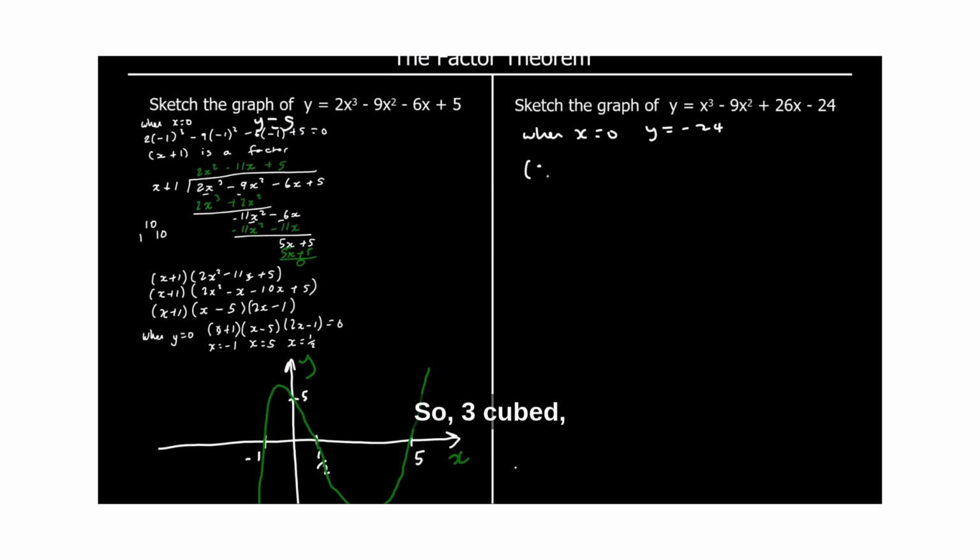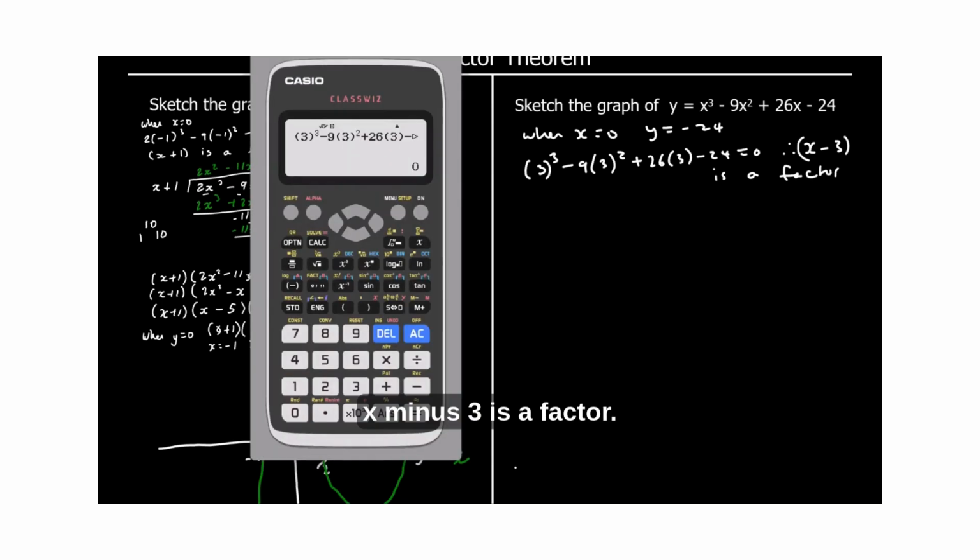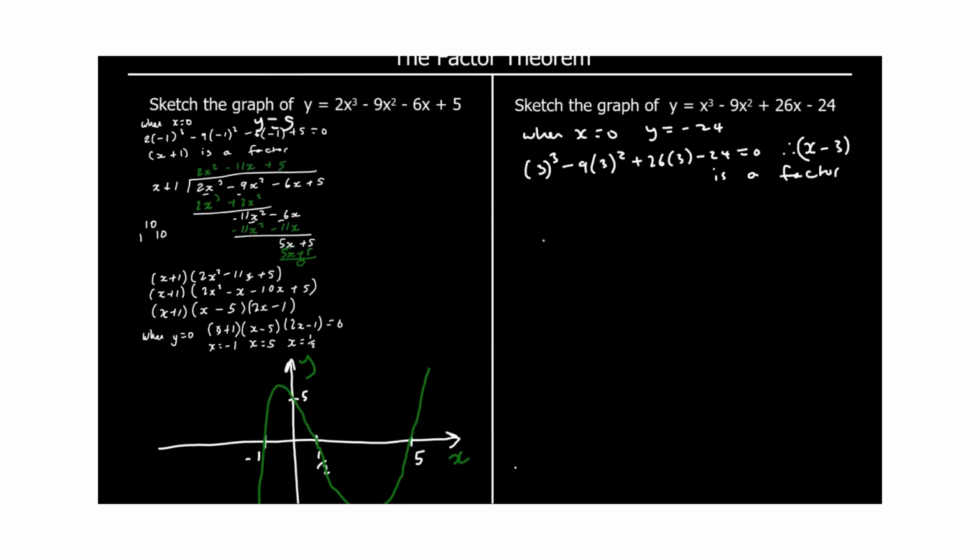So 3 cubed minus 9 times 3 squared plus 26 times 3 minus 24 equals 0. Therefore, x minus 3 is a factor. Let's use long division.